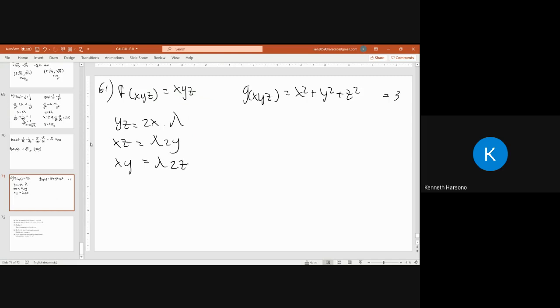And we can just rewrite our equation here. It becomes lambda is equal to yc over 2x, and lambda is equal to xc over 2y, and that's equal to xy over 2c. And we can equalize this one and this one, and this one and this one.